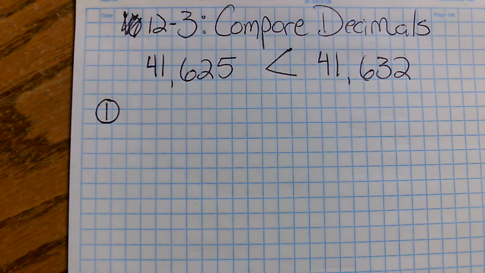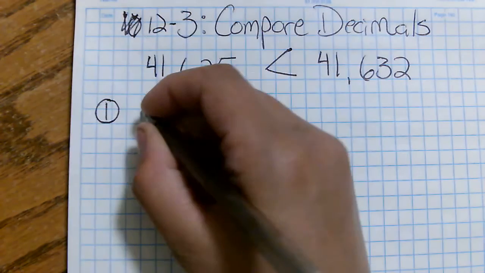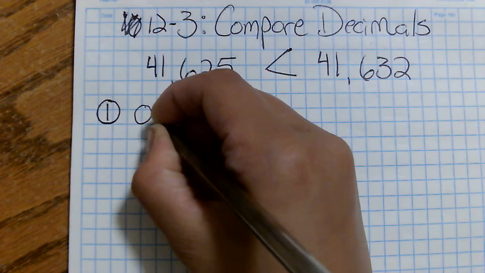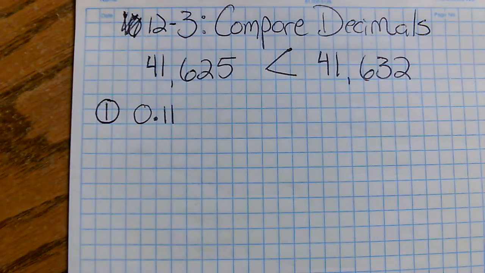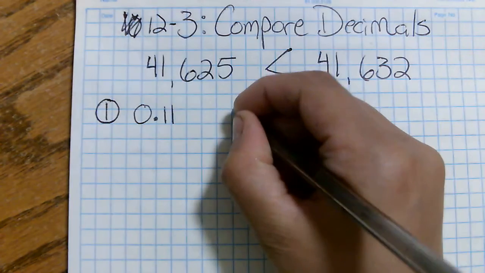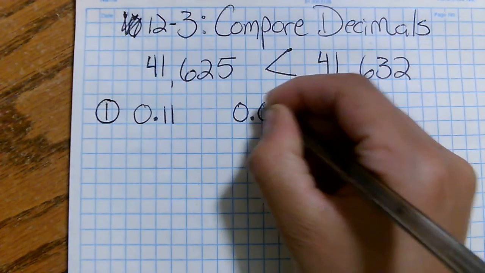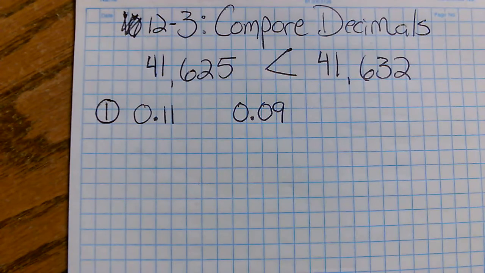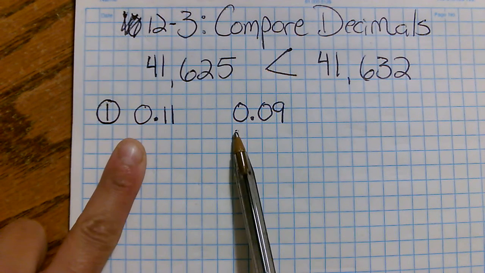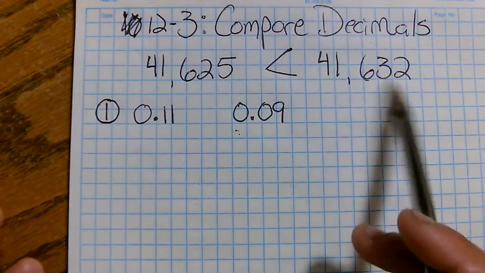So let's see what two numbers I'm going to work with. Let's do 11 hundredths and 9 hundredths. So what you're going to do, start with the highest amount. That would be the spot before my decimal point, which is the ones place.